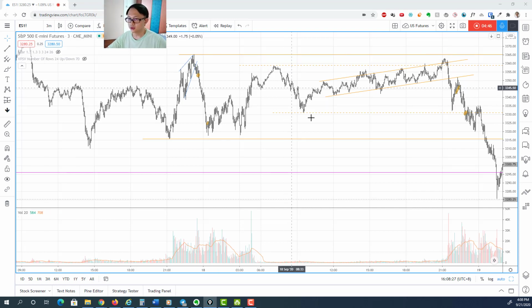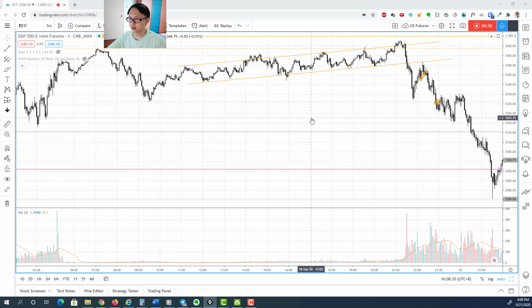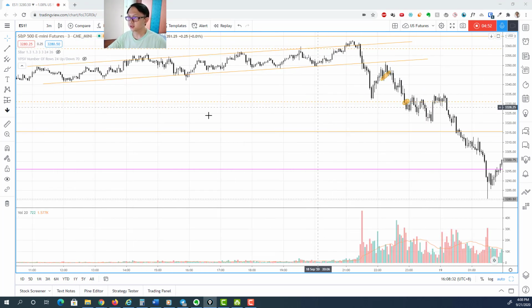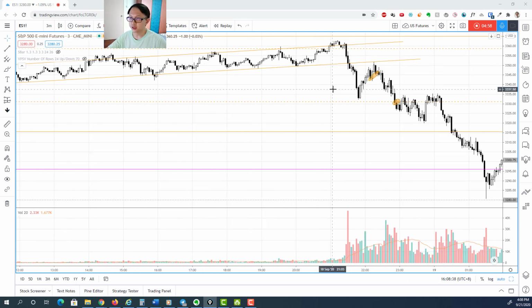Let me zoom in and show you what's going on here. This rally up within this slightly upsloping trading range didn't bring us to overcome the immediate resistance level, so this is definitely not a bullish sign, and it was followed by a relatively sharp sell-off during the US opening.